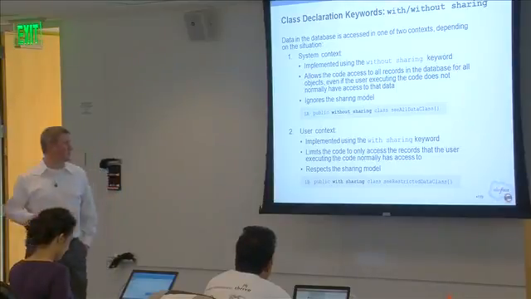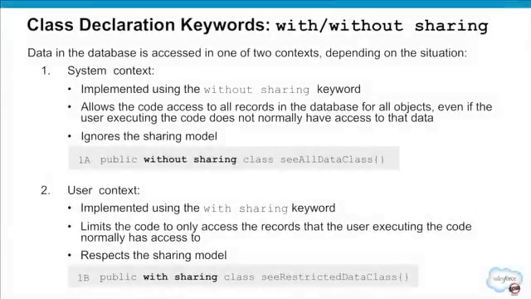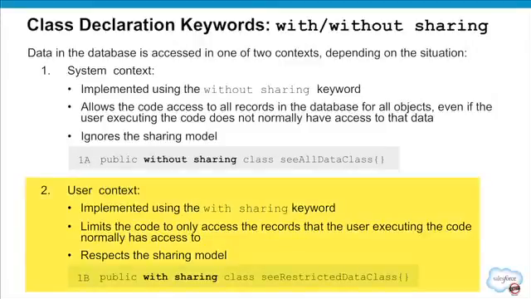There's user context, and user context is indicated with the keyword with sharing. What this does is it says, when you're accessing the database, take into account which records this user has and only return those records. Okay?